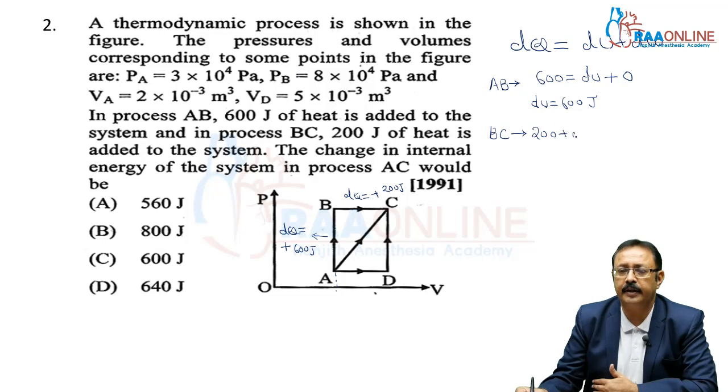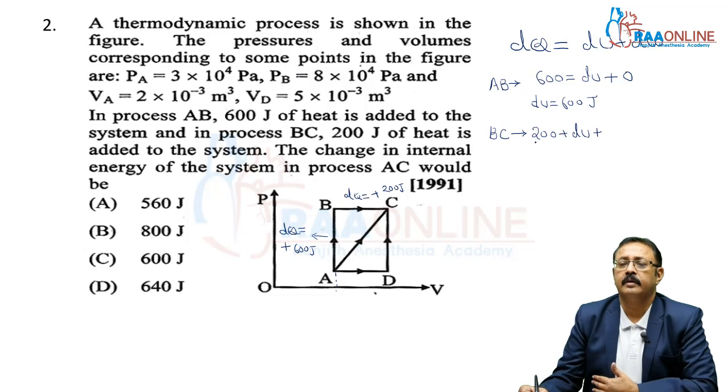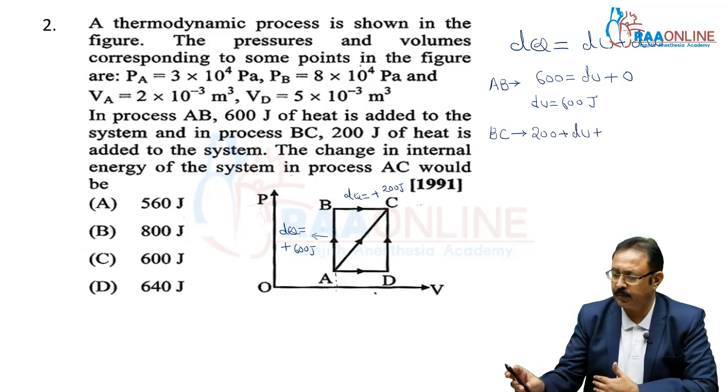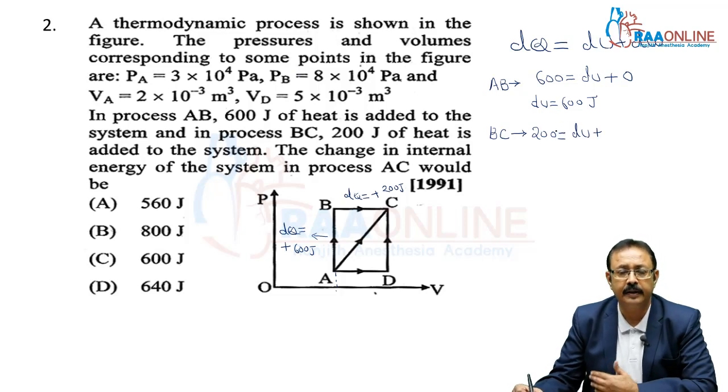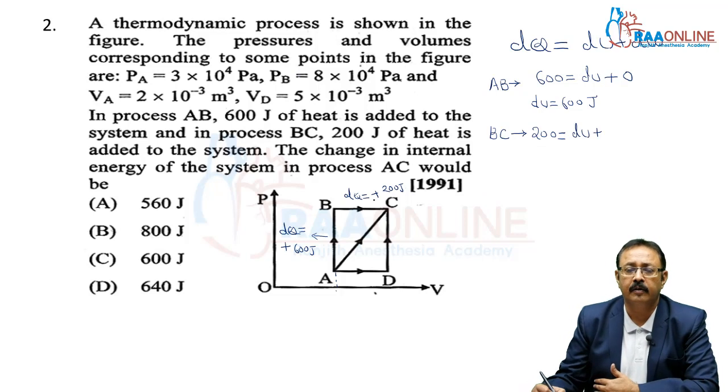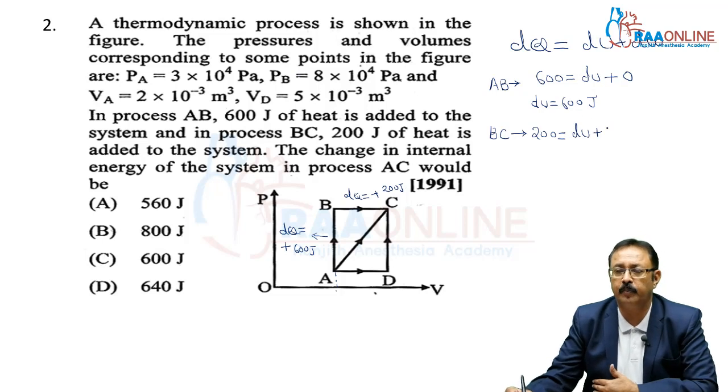We will calculate du. dq is equal to du plus dw. What is dw? dw means work done from B to C. Pressure is constant, so we can apply the formula pressure into change in volume.